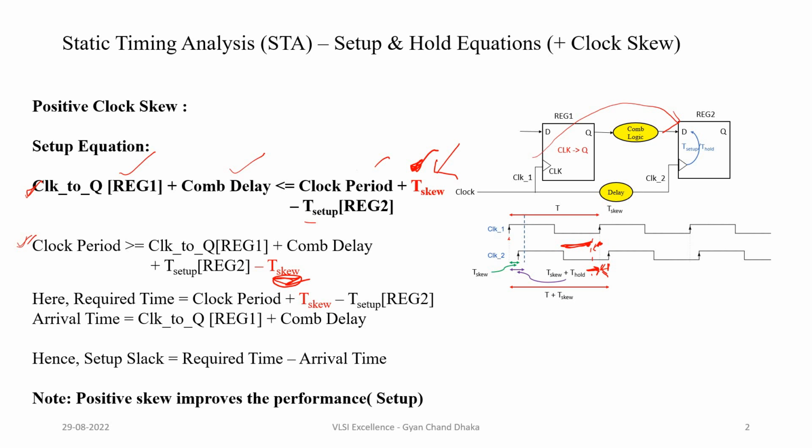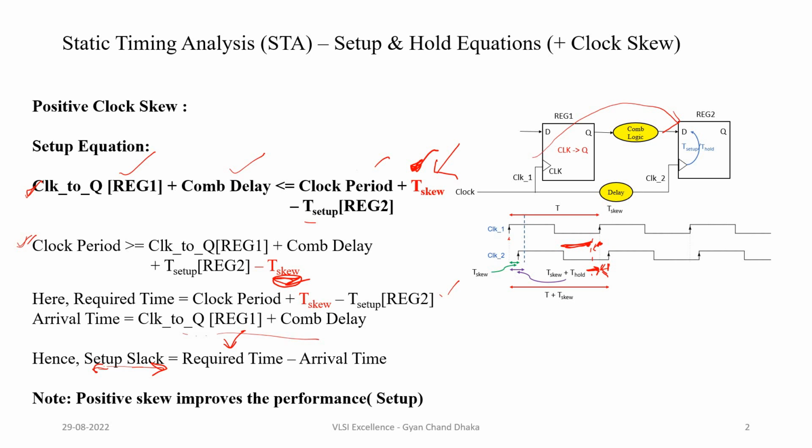Here the required time has increased by t skew time, and the arrival time is going to be the same. Now the setup slack will be required time minus the arrival time. Since the required time has increased, our slack is going to increase in the positive direction. When slack increases in the positive direction, it is always better.